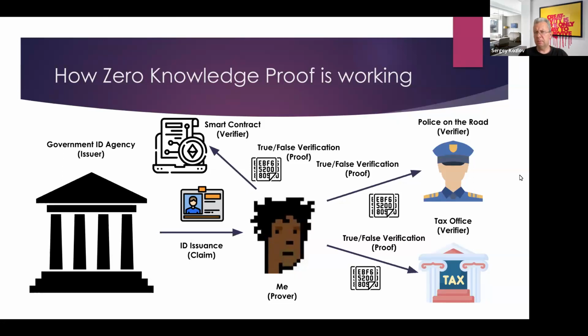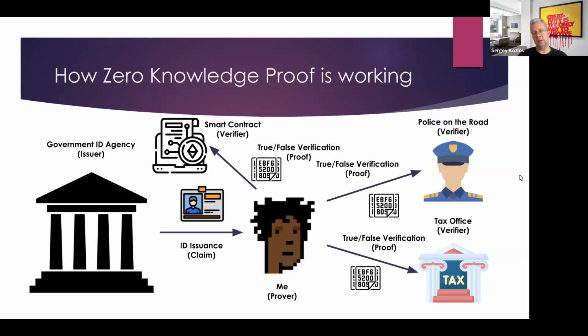As far as I remember, that's category B. And when we send this proof to the policeman, he or she verifies it and says, yes, you actually have the driver license, move on, you can go.